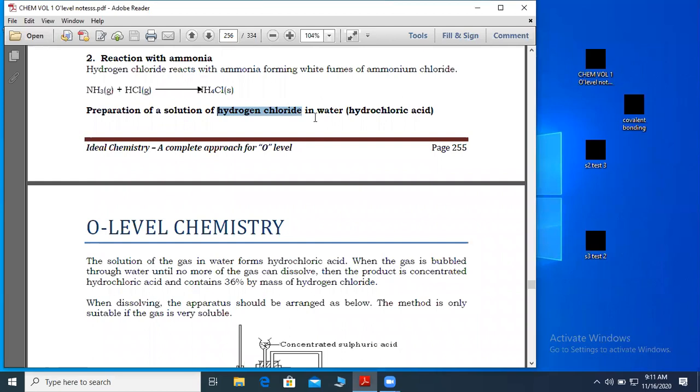We looked at it in the previous lesson, and the solution of hydrogen chloride in water is hydrochloric acid. So preparation of hydrochloric acid. It is prepared by dissolving hydrogen chloride in what? In water.